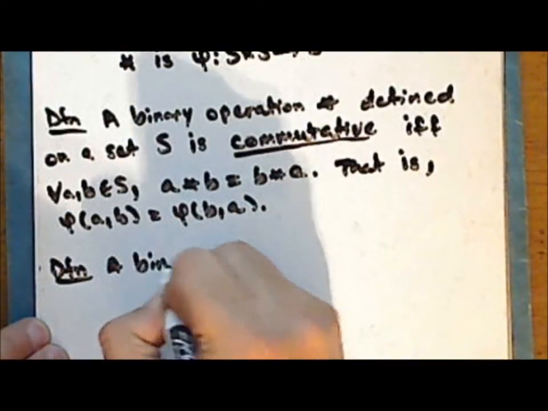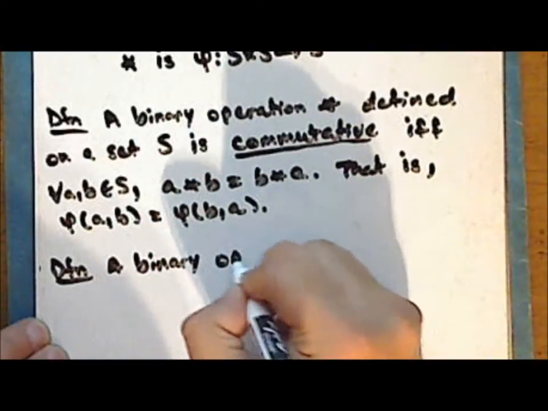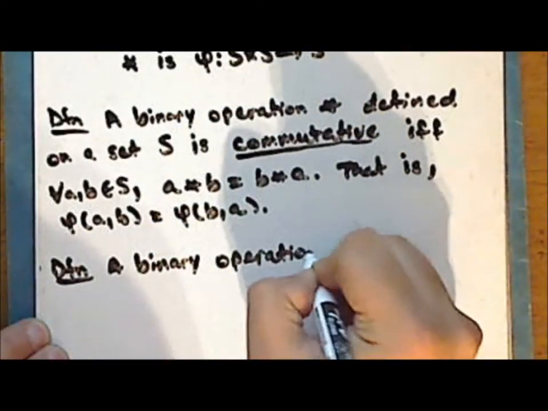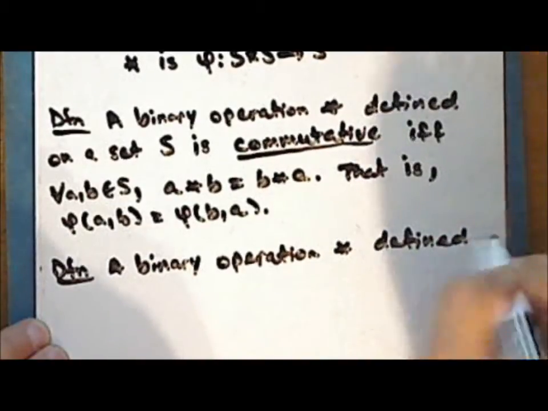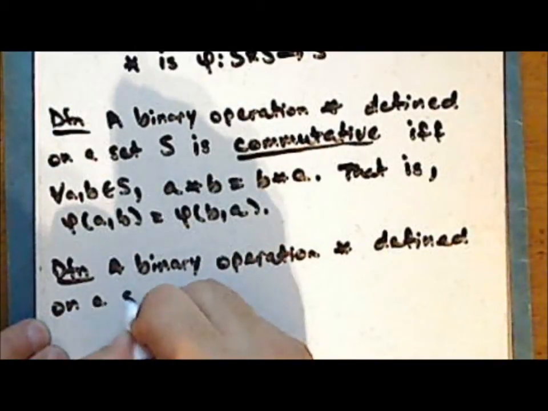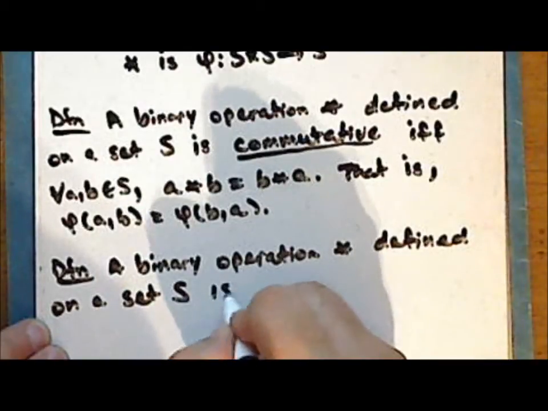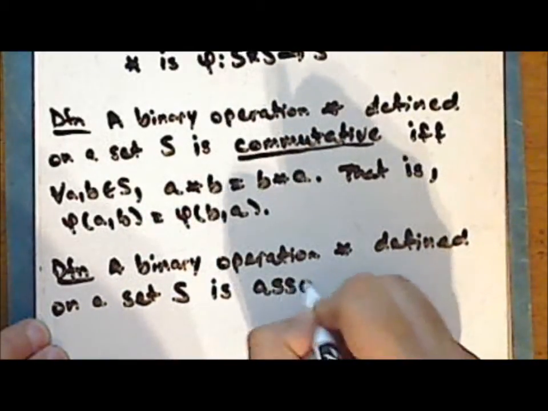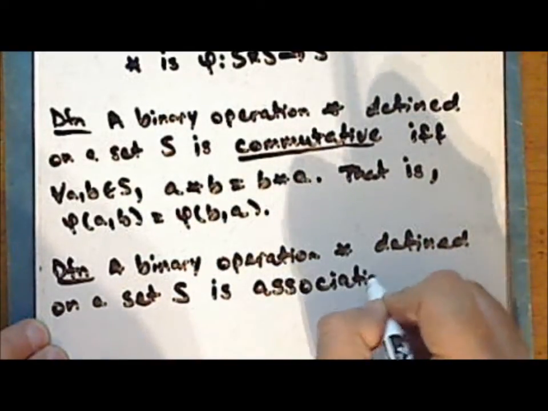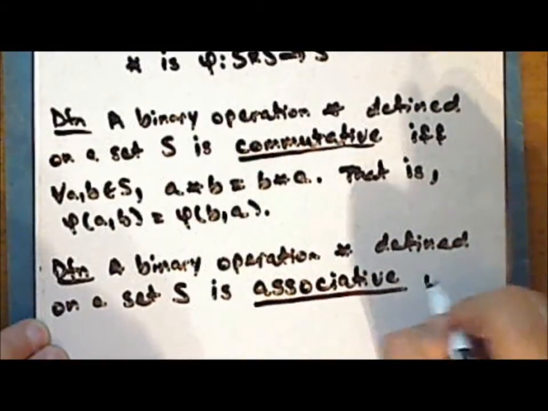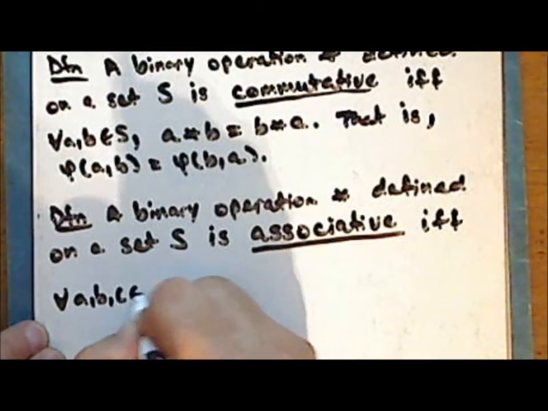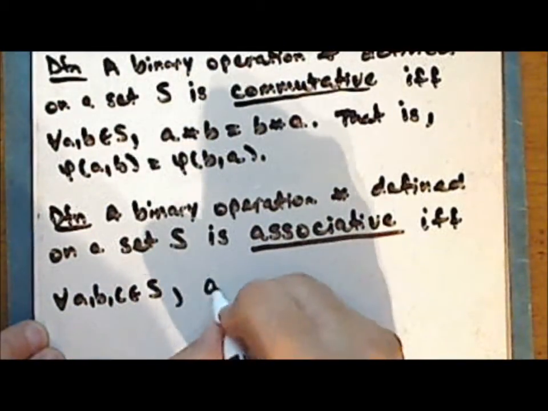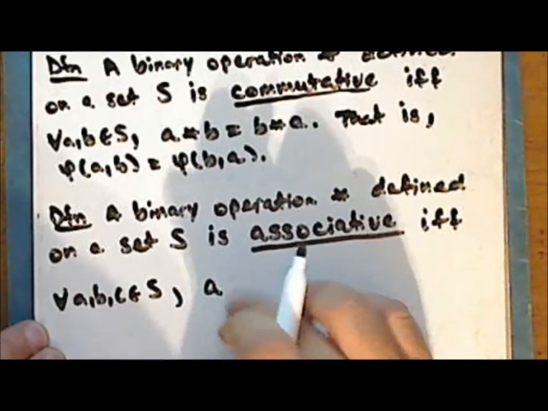A binary operation star defined on a set S is associative if and only if for every three elements A, B, and C in S, it does not matter how we group the terms.